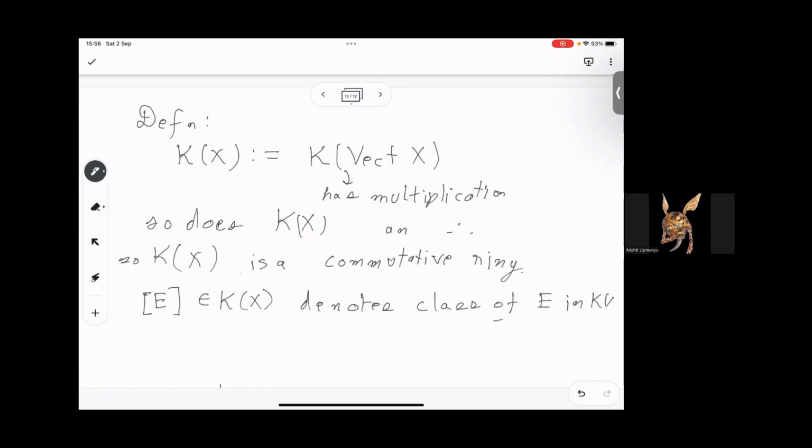Another notation that we are introducing now is that n bar is the trivial bundle of rank n. So in particular, this would be the class of the trivial bundle.